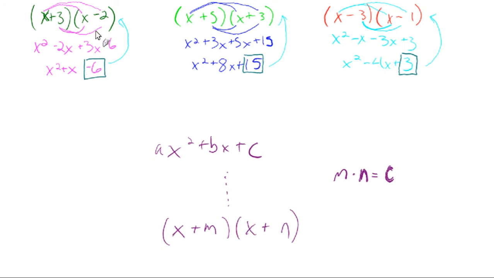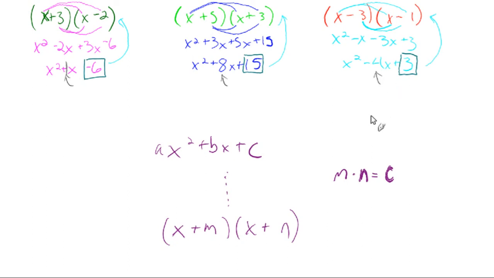What else do we notice about these two numbers we're looking for, m and n? Well, we noticed a connection with the constant. Now let's look at a connection with, let's grab gray here, this number right here, this one's a 1. So what about this number, the coefficient of x?